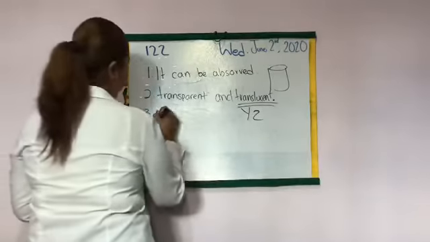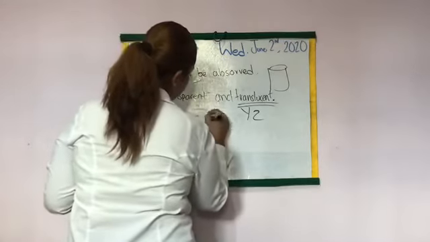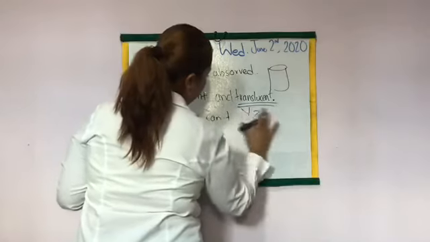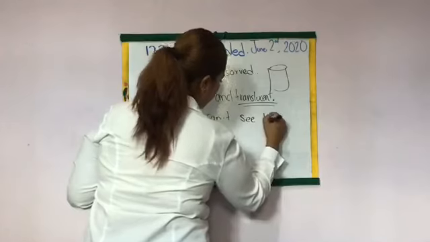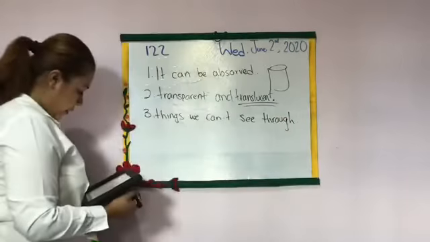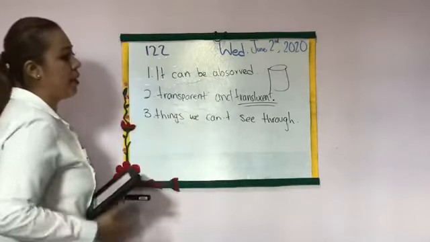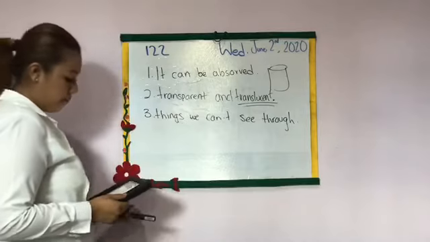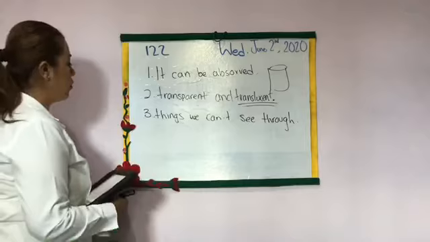I'm going to erase this here. Things we cannot see through, such as a plastic glass, for example, cardboard, and rocks. We cannot see through those.